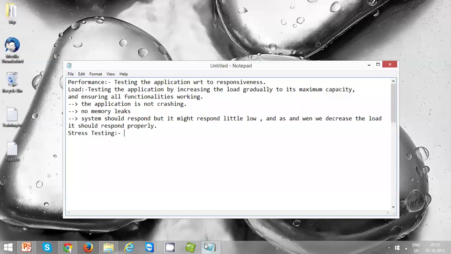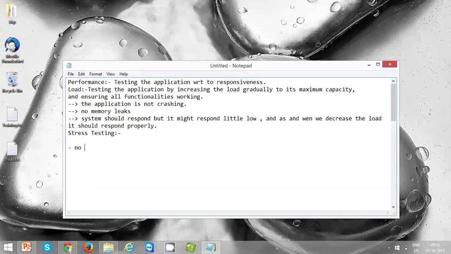Yes, Swapna, you are right. In stress testing, we test the application by increasing the load gradually beyond its maximum capacity. Remember, beyond its maximum capacity, and until the system crashes, ensuring that in this process the application is not leaking memory, and that the system is not leaking any sensitive data.